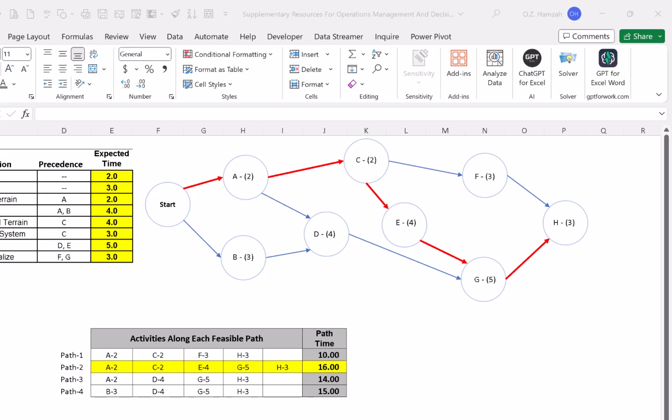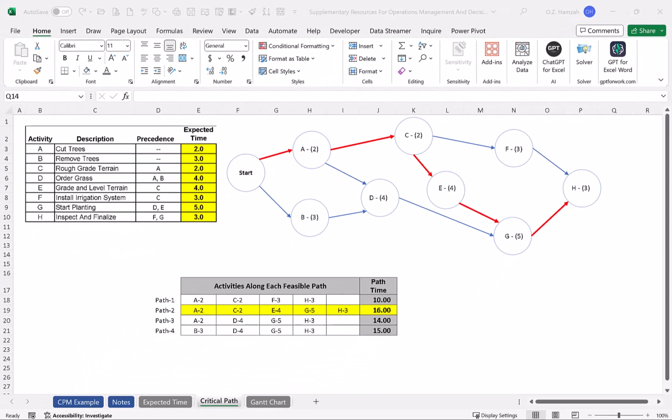So what is the critical path? I highlighted the critical path in red color. Why? That signifies the longest time along dependent activities. So if we spend 16 units of time, let's say 16 weeks, we ensure that all the other paths have been completed.